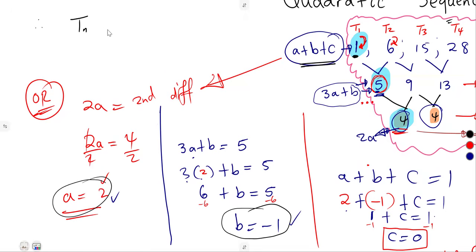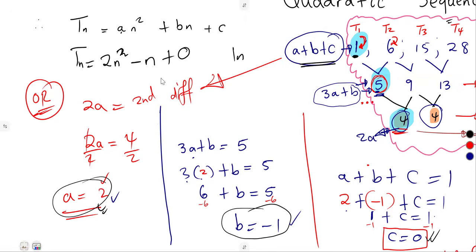Our Tn is going to be a, which is 2, so that's 2n squared plus our b, which is negative 1. So plus and minus, guys, that's a negative there. So it's -1n, which is simply -n, plus our c, which is a 0.